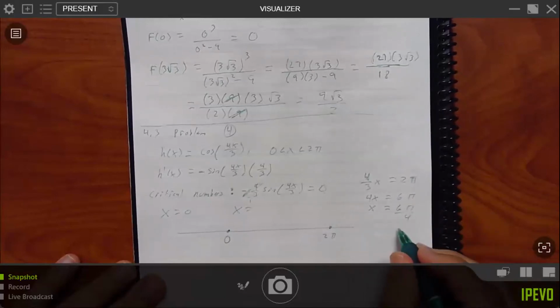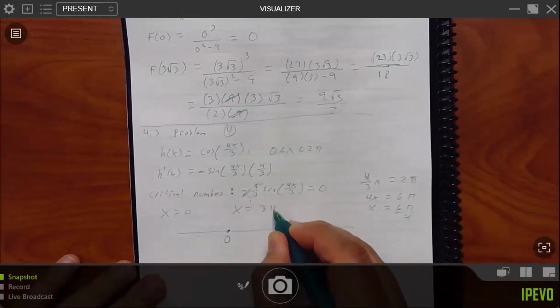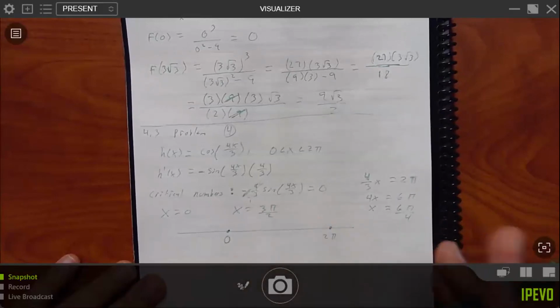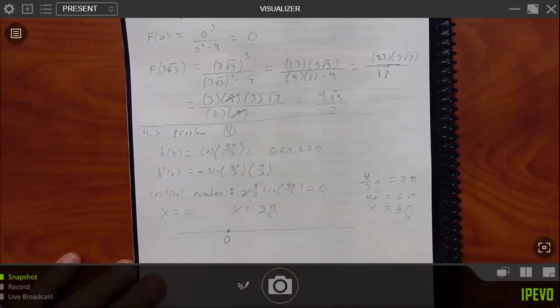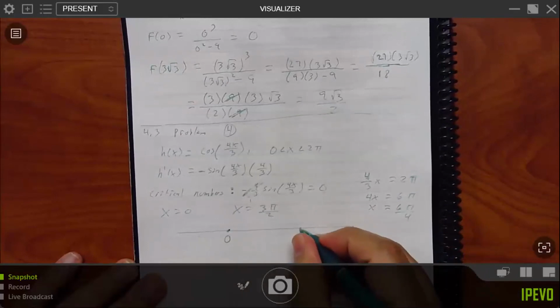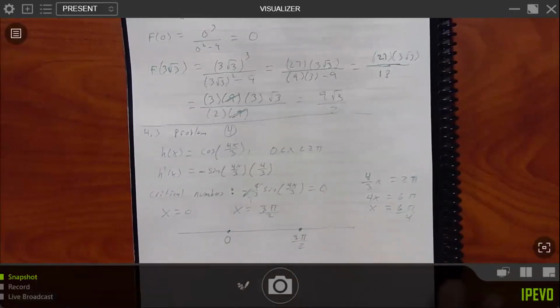So when x is 3 pi halves, that's the other critical number. So now we have points that we can check. So 0 and 3 pi over 2 are my critical numbers.